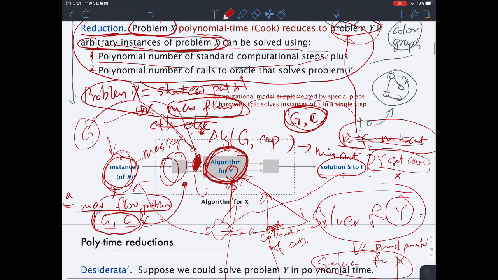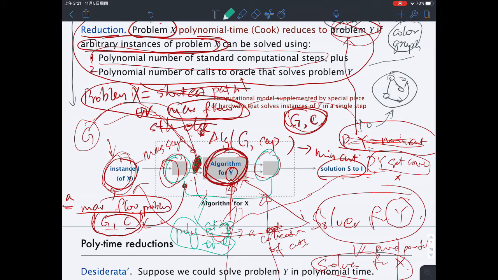So if I look at here and look at here, if I count the number of steps in these two green blocks, they should be polynomial steps, or what we have been calling polynomial time, right? And because we have to write out the entire input to the solver for y, and we only have polynomial time, even if we just keep writing, the input to the solver of algorithm y cannot be larger than polynomial size, right?